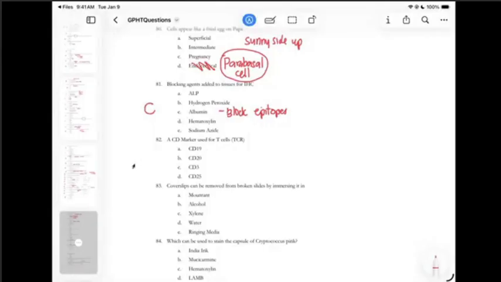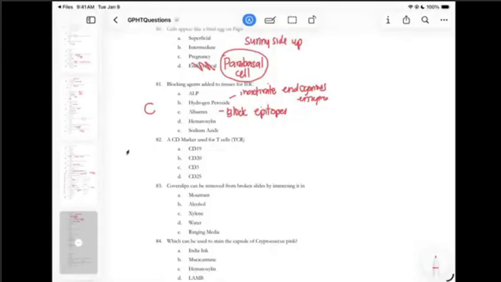Okay? So si hydrogen peroxide, this is able to inactivate. Ito naman, ginagamit to inactivate endogenous enzymes. So yung mga non-specific enzymes that can also interfere with immunohistochem, you remove that with hydrogen peroxide. Okay?